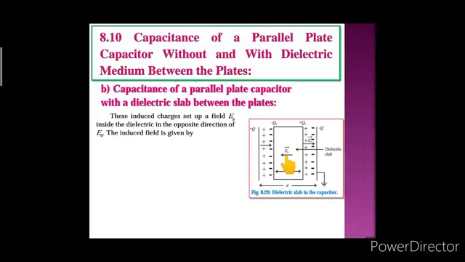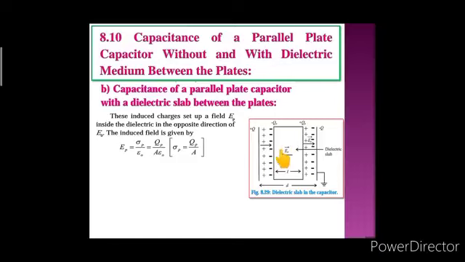The induced field, that is the value of EP, is given by the same concept as sigma P upon epsilon naught. As we already saw, the electric field inside the dielectric would be sigma upon epsilon.